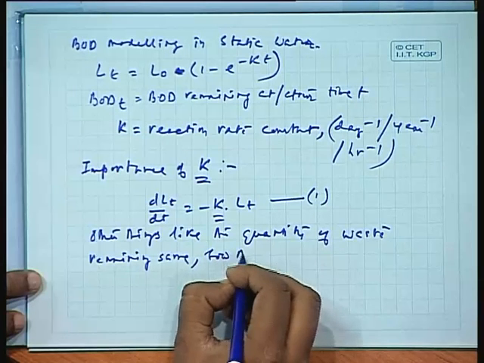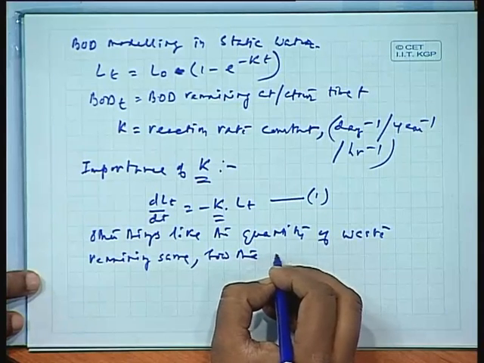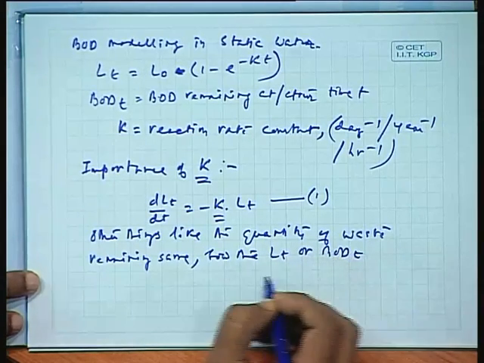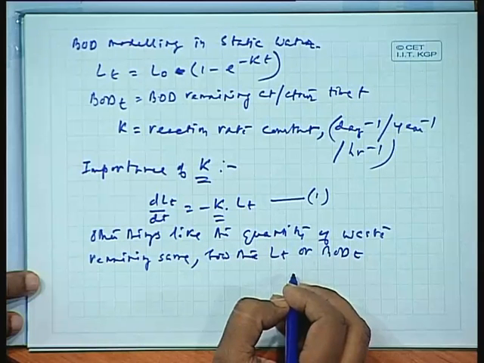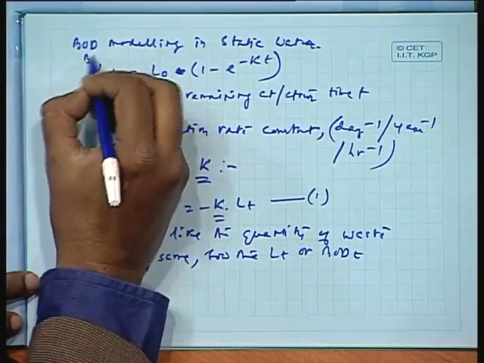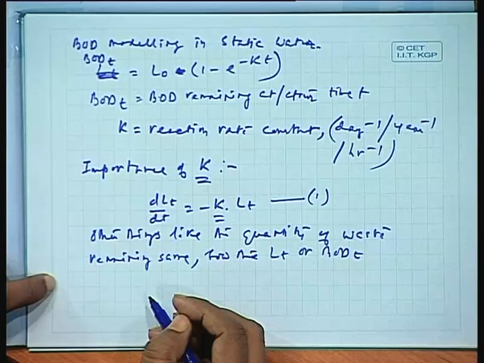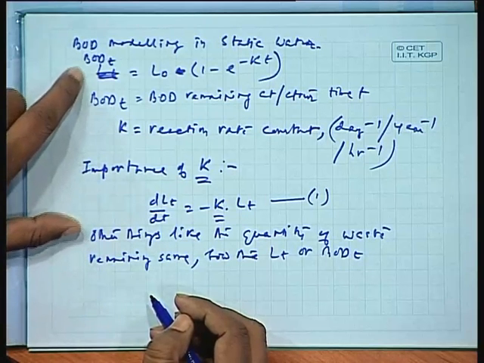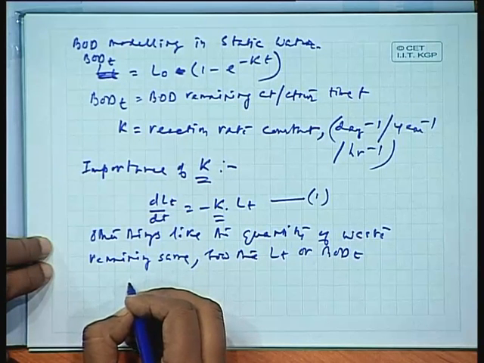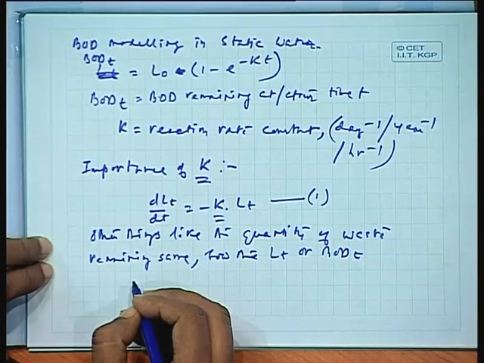how Lt or BODt would remain. I think we should make a correction here, this is BODt, please make a correction: BODt is equal to L0 into 1 minus e to the power minus kt, and Lt is the remaining quantity of oxygen demand left at the end of time t.